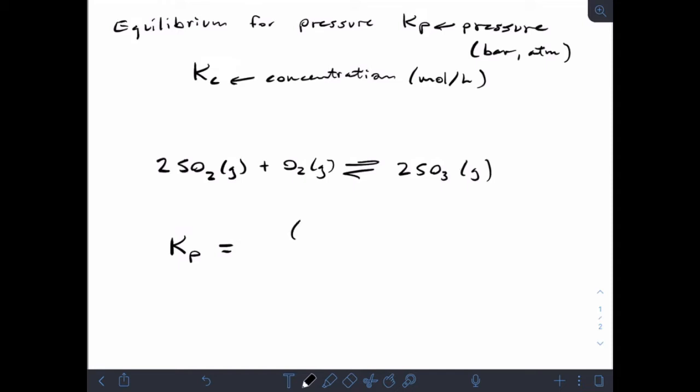So we'll say the partial pressure of SO3 squared over the partial pressure of SO2 squared times the partial pressure of O2 to the first power. So we're talking about partial pressures of the individual gases.